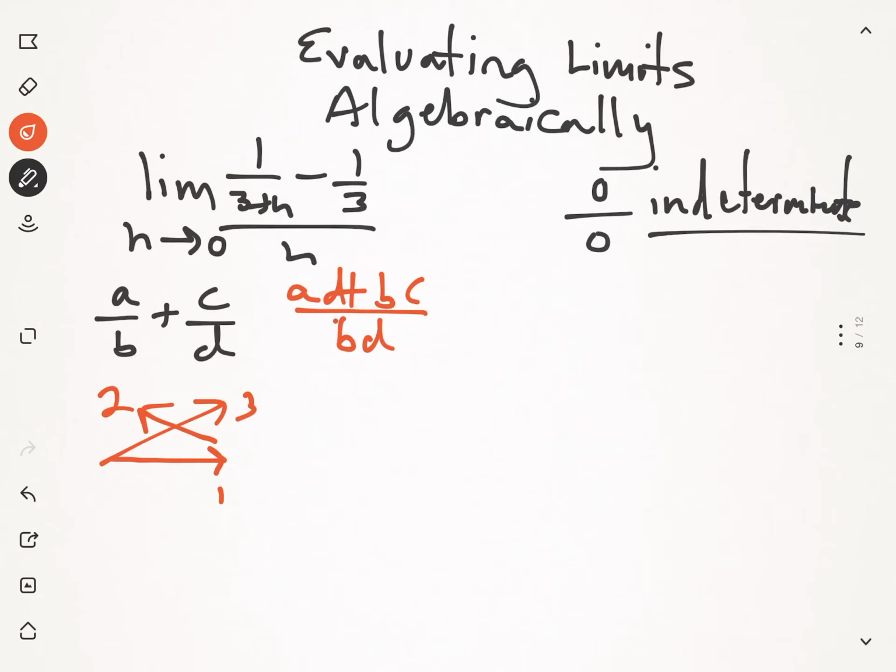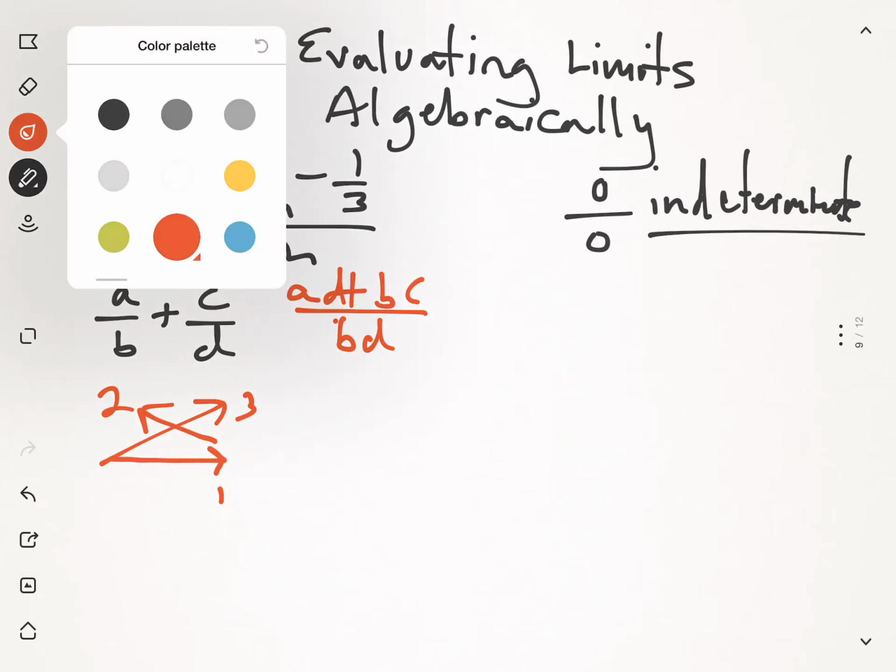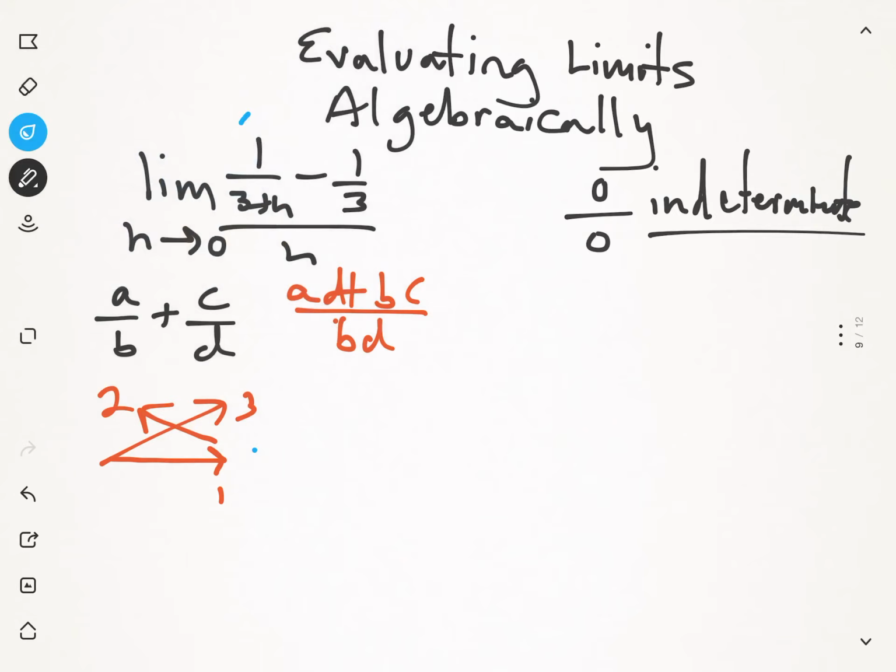So in this case, we have something similar. Here is our fraction. So we have an a, which is 1. Down, b would be 3 plus h. C is a 1, and d is a 3. And they're separated by a minus sign. So let's see how it works.